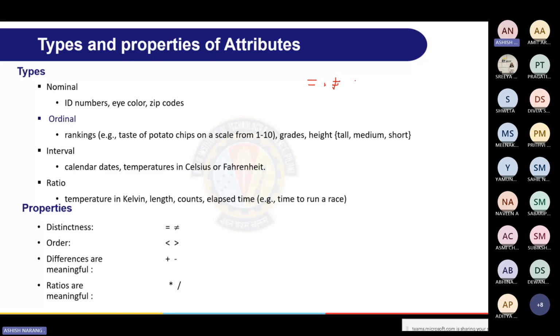We cannot say what is the difference between small and medium and large. That also we don't know. But we know there is some order. That's all. Then comes interval, right? Interval are the numeric attributes. First thing is these two are kind of, I can say, categorical. These two are numeric.